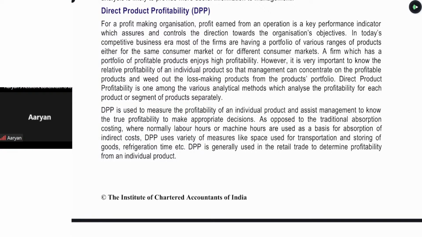Last 1 or 2 minutes are available with you, beta. Try to read the complete information available in page number 7 and page number 8.